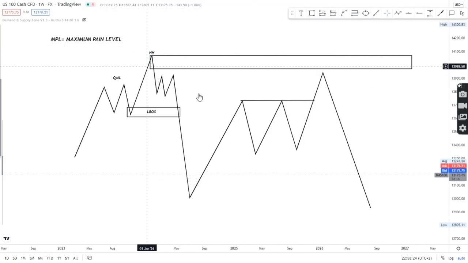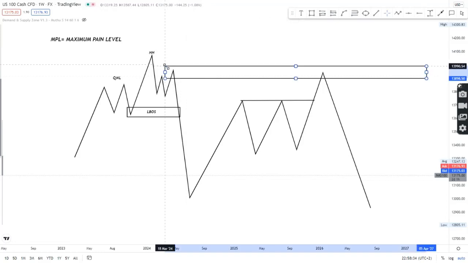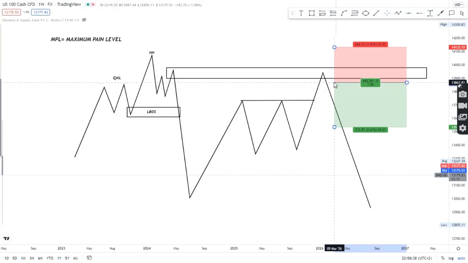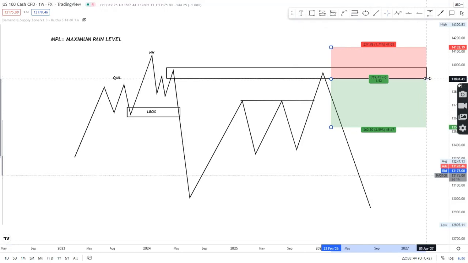All right. So what determines where the market reverses from is the presence of a fresh supply zone. So if this MPL is a fresh supply zone, the market is going to reverse from here. Okay, and this is if the MPL is a fresh supply zone right here. This is where we are going to take a trade from.